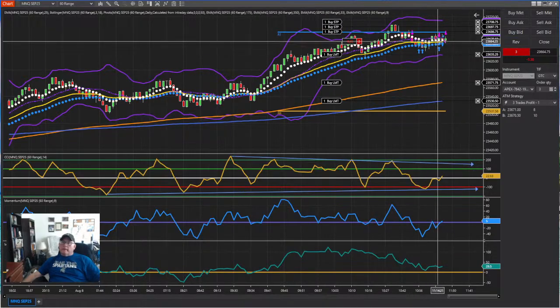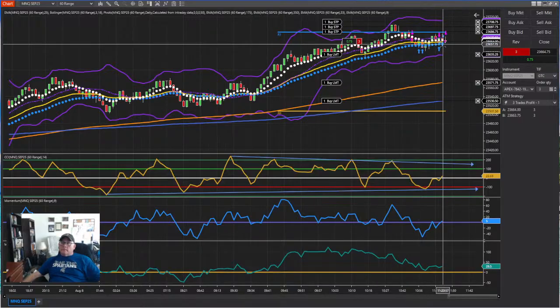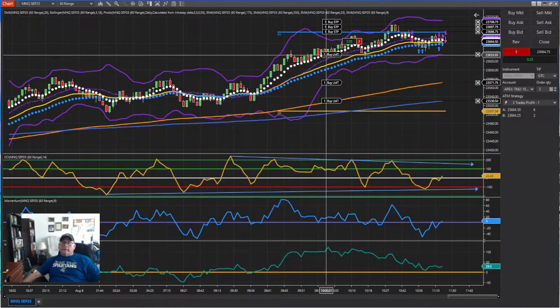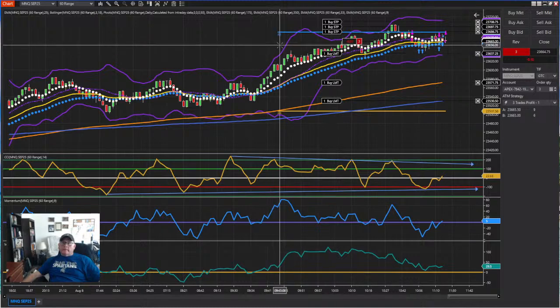Holding the 9. See if we can break down here. Let's see if we can make a move. Where can we go? This looks to be a good spot right there. Doji bar, last bar. Really haven't seen that C point yet though.